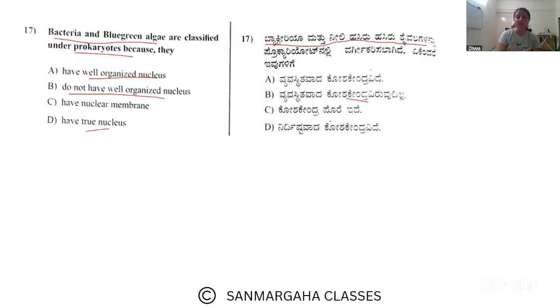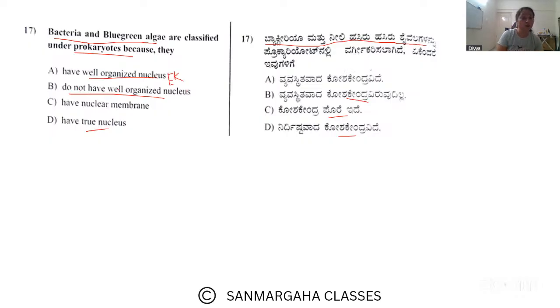So there is a nuclear membrane, a definite nucleus. So which is this? A well-organized nucleus, a well-defined nucleus, is found in eukaryotes, correct? And not prokaryotes.